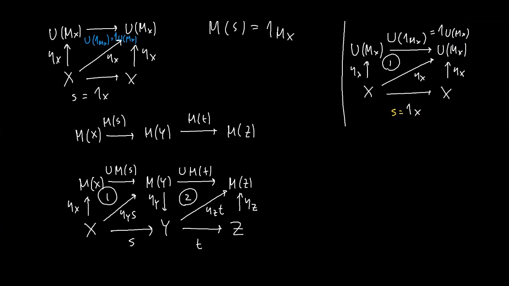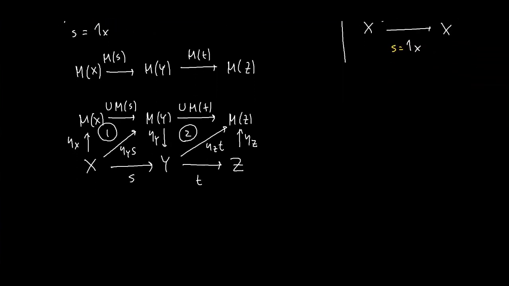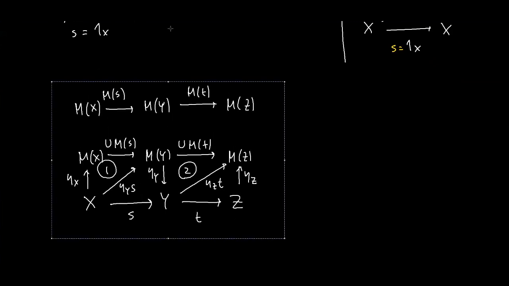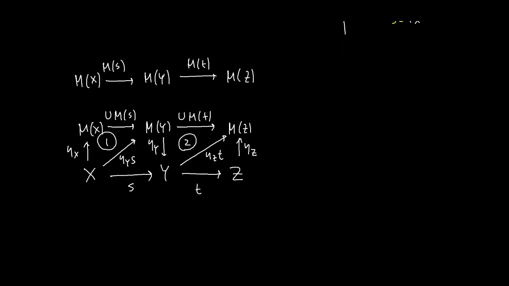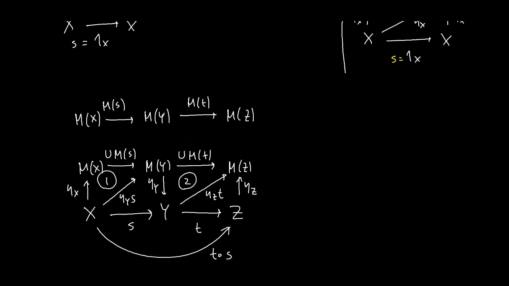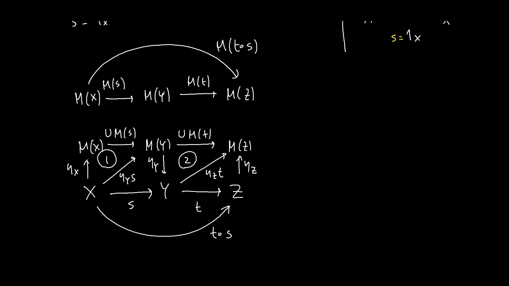Now let's draw in the composite of S and T. So this will be T composed with S here. And let's draw in also M applied to that composite. So M applied to T composed with S will be an arrow there. And what will that arrow do? Well, it will have its own triangle that it makes commute, right?